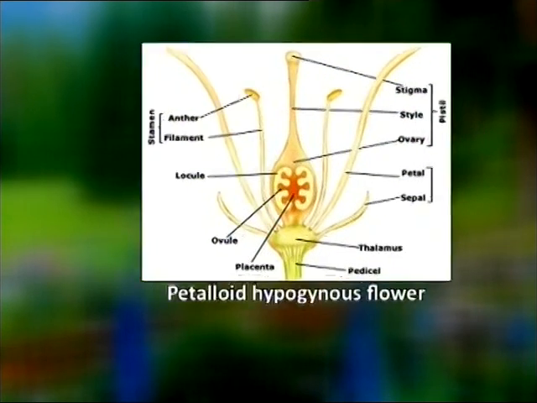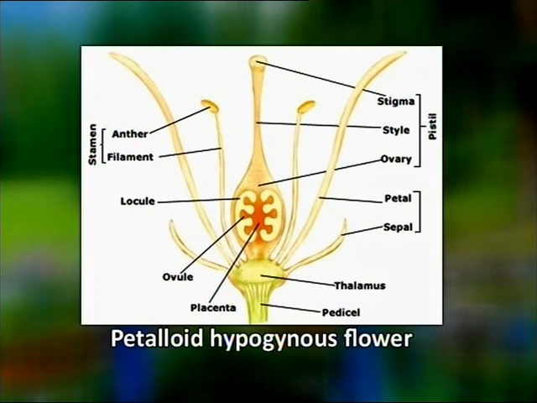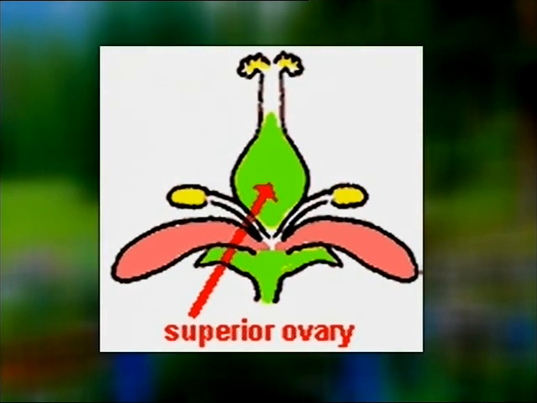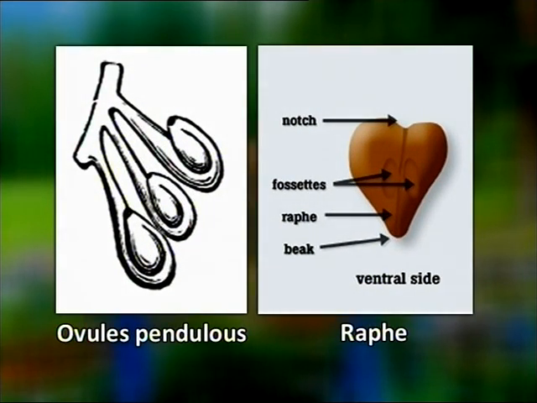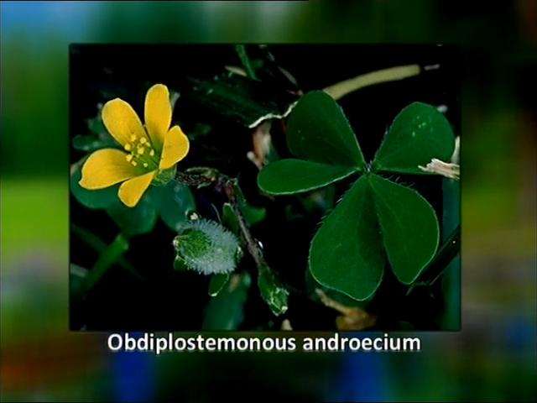Series 2nd, Disciflorae. It includes flowers having a prominent disc-shaped thalamus below the ovary. Ovary is superior. Disciflorae is divided into 4 orders and 23 families. Order 1st, Geraniales, ovule pendulous, raphe ventral, androecium diplostemonous, represented by 11 families.